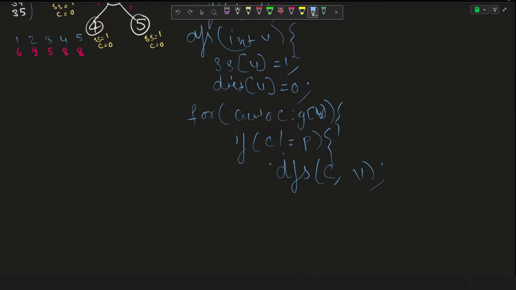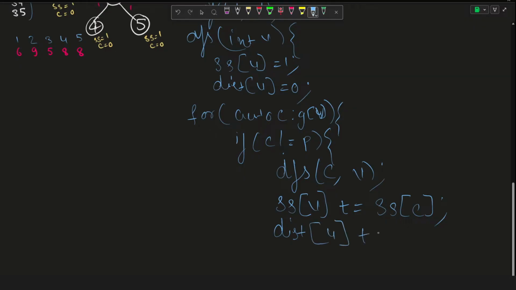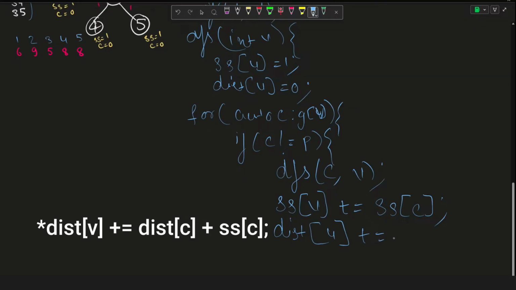And after doing this, I just told you to combine the values for the current node with its children nodes, right? So I will say that the subtree size for the current node, that is V, would be equal to whatever value is present at it initially, or the current value, plus the subtree size of its children, that is this. And I also told you once we have calculated this, I will also calculate the distance for this current vertex, that is V, and it would be equal to whatever current value it is holding plus the value that is present in its children, that is this.